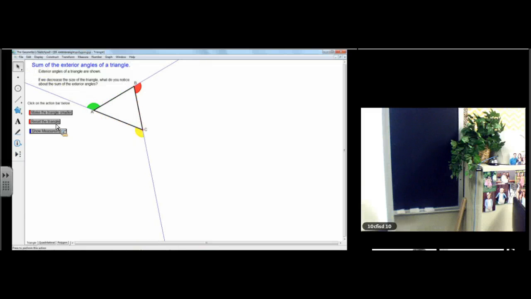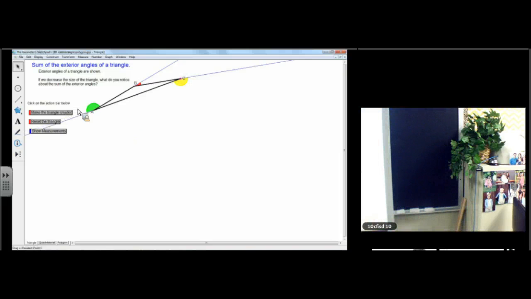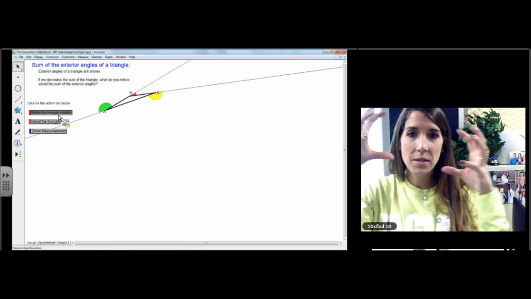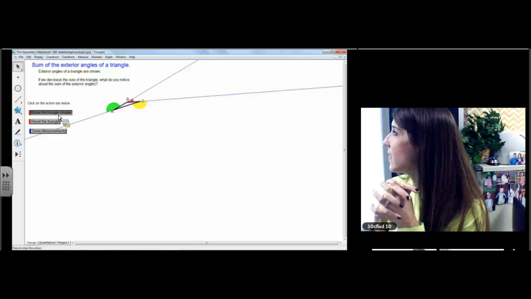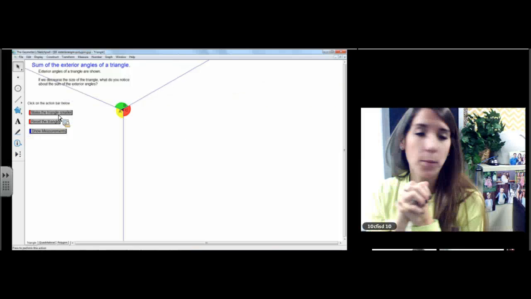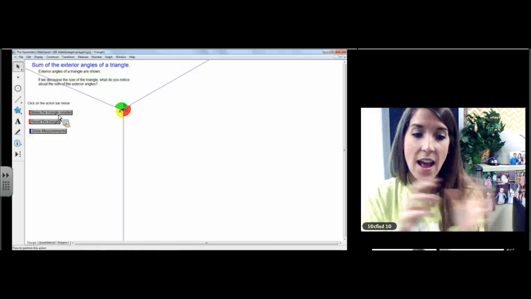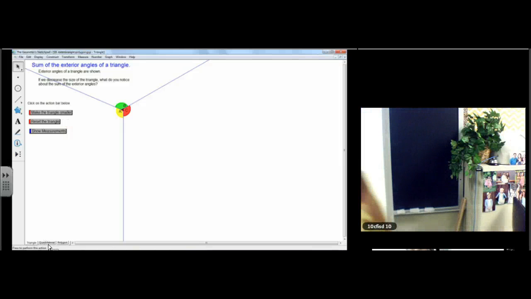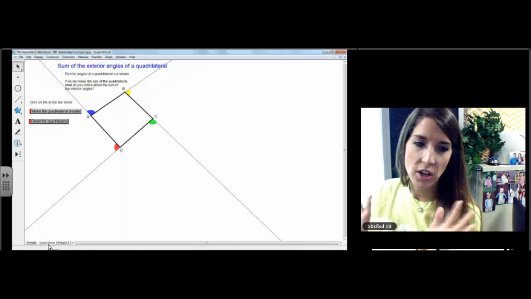Even if I make it look crazy, like, okay, maybe it won't work for that one because that triangle is like crazy. But if I make it smaller, even though the angles are all different measures, they're going to come together and they're going to form a circle, 360 degrees. Now that doesn't just work for triangles. Let's try a quadrilateral. Let's make sure it doesn't look like a square.